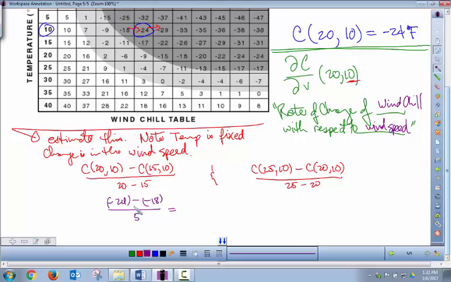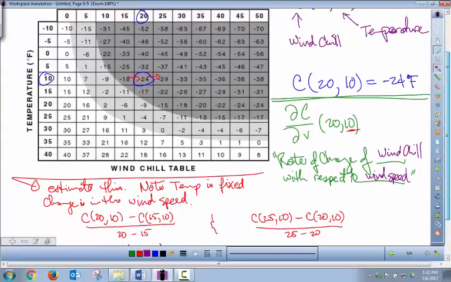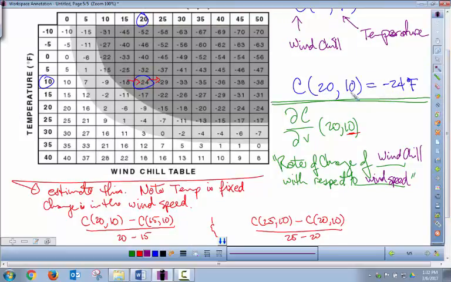So this turns out to be negative 6. C of (20, 10) is negative 24, and C of (15, 10) is negative 18.